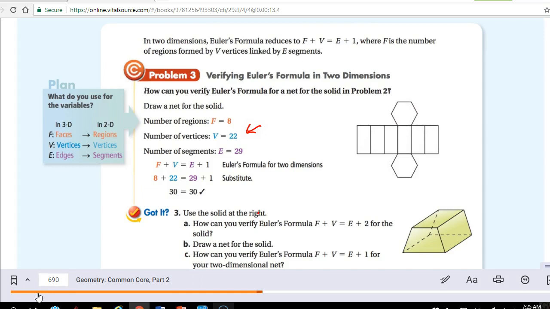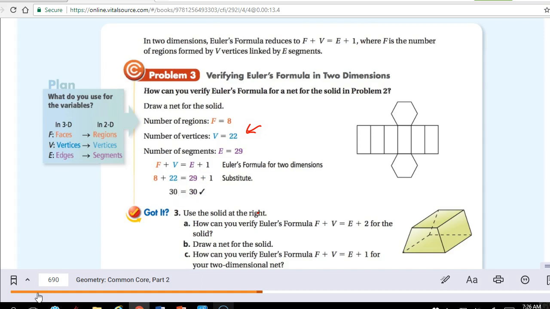Can't double count that one. So 9, 10, and so on up to 29, which is again why they're getting 29 right there. Now again, remember, because this is two-dimensional, instead of three-dimensional, the formula changed to faces plus vertices equals the edges plus 1, which is what he's written down here. And so 8 plus 22 should equal 29 plus 1, and they do. They both end up equaling 30.